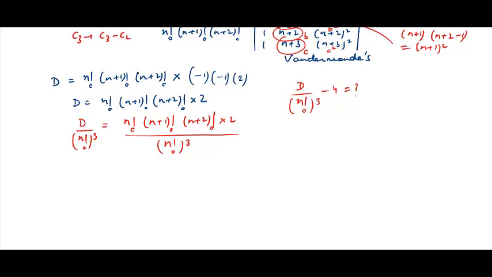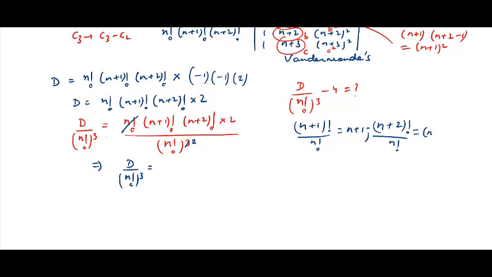This gives you D upon n factorial cube equal to, now n factorial cancels with one, and another n factorial cancels with another one, so you get n factorial square. n plus 1 factorial upon n factorial is n plus 1, and n plus 2 factorial upon n factorial is n plus 2 into n plus 1, right?